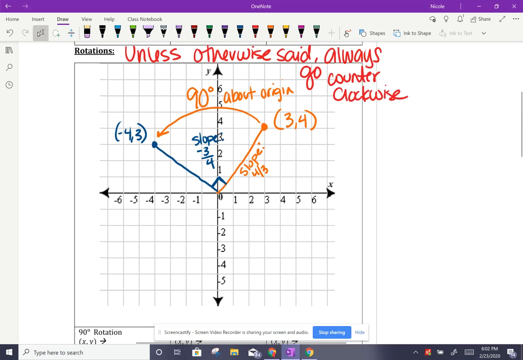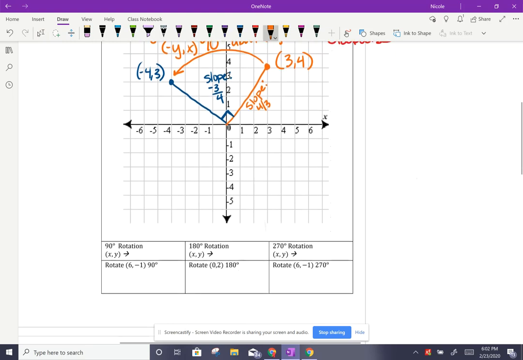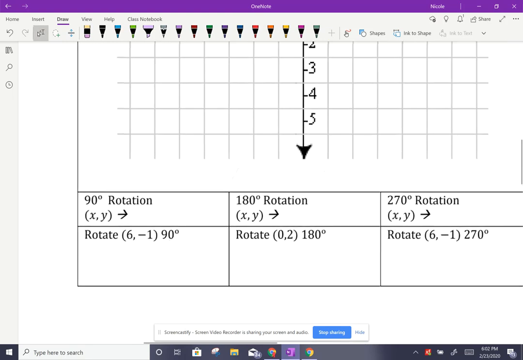So we started off at X, Y, and when we rotated 90 degrees, it turned into negative Y, X. So if we're just rotating about the origin, we have this shortcut where if we rotate 90 degrees, if you look at the bottom of your screen, it goes from X, Y to negative Y, X.